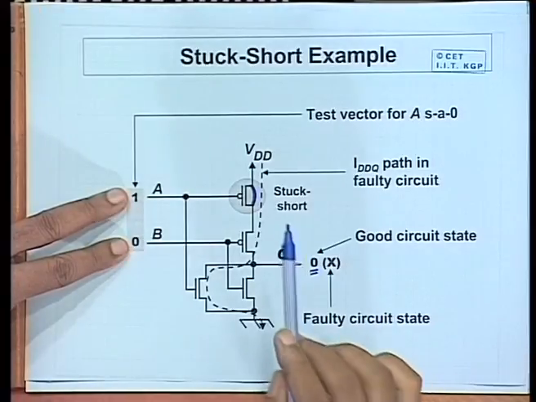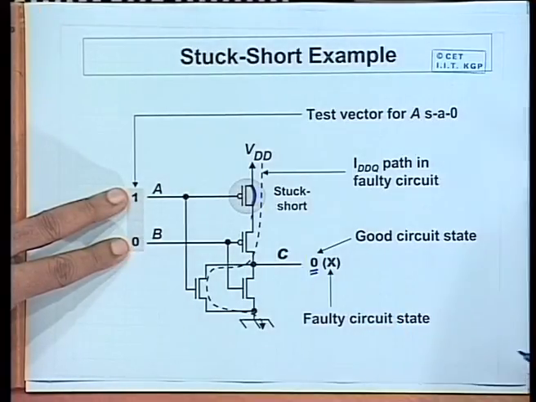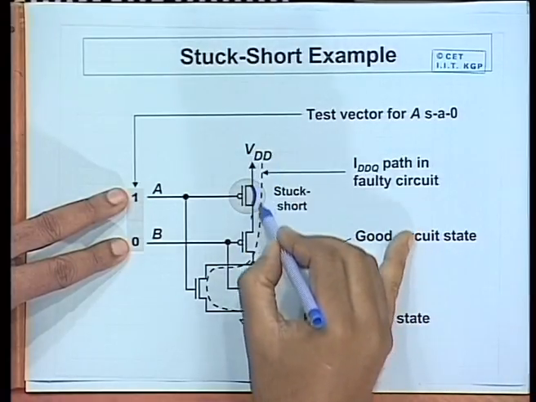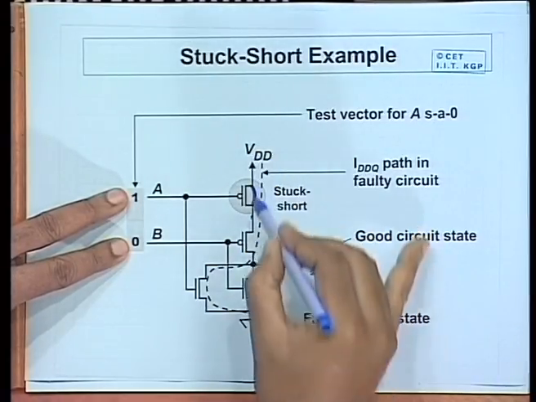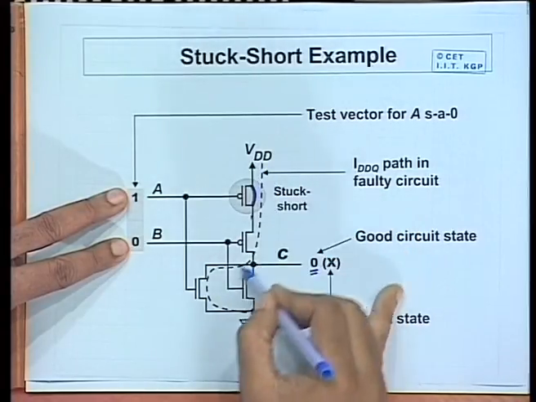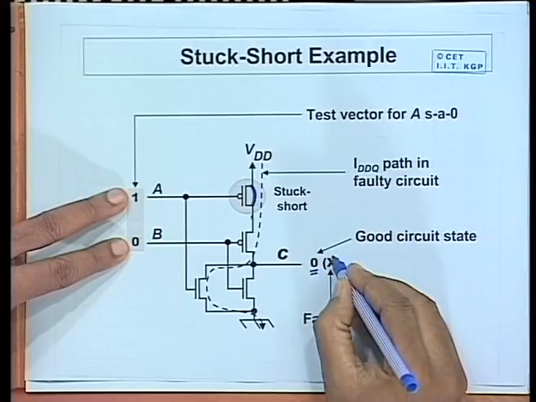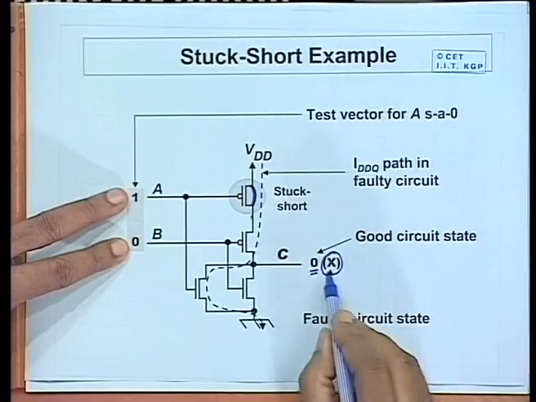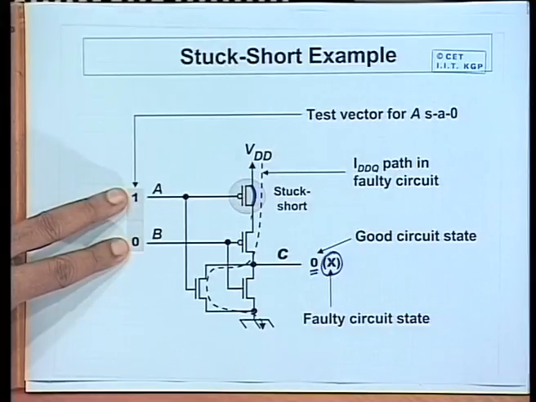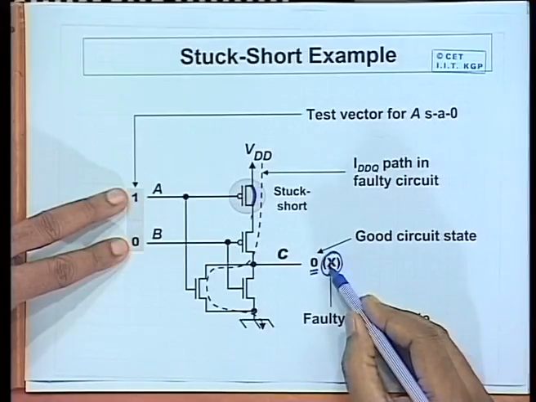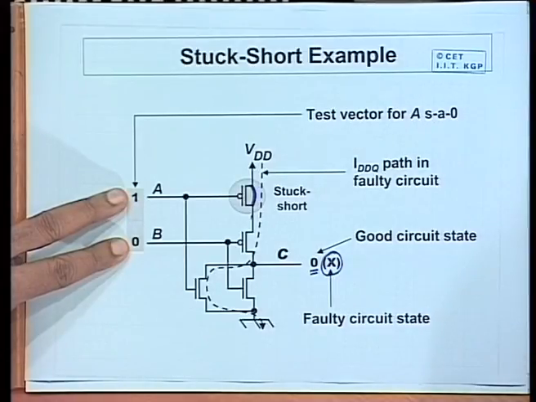But since this transistor is short now, from VDD to ground there will be a current flowing path. So, this circuit will act as a voltage divider, there will be a high current flowing, and the output will neither be at logic 0 level nor at logic 1 level; somewhere in between, it will be indeterminate. This kind of thing cannot be simply detected by observing the logic value of the output.